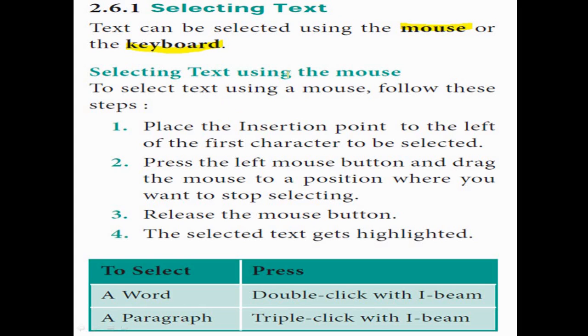Selecting the text using the mouse: first place the insertion point to the left of the first character, that is, at the beginning. Press the left mouse button and drag the mouse to a position where you want to stop. Release the mouse button. The text gets highlighted or selected.